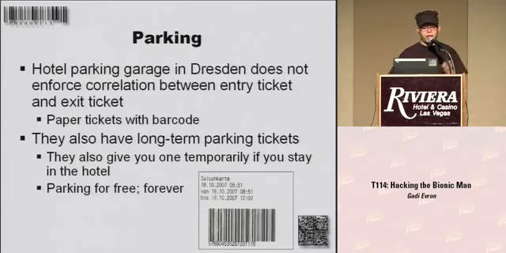So I ended up in a hotel, and for a parking place in a city in Germany, they gave me a long-term pass because I was staying at the hotel, so I didn't have to pay for the parking. Now, this long-term pass is just a simple encoded number, and I don't need to actually know what this number means because I can just copy it and distribute free parking passes for the city center, which I actually did.